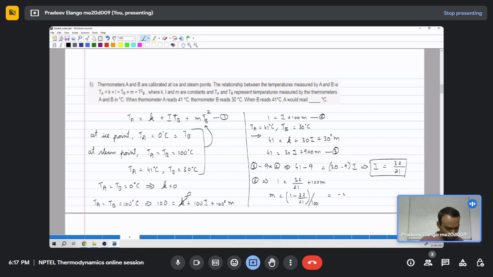So this is minus 5.238 into 10 power minus 3, and I would write the value of I also. This is 32 by 21, which is 1.523.